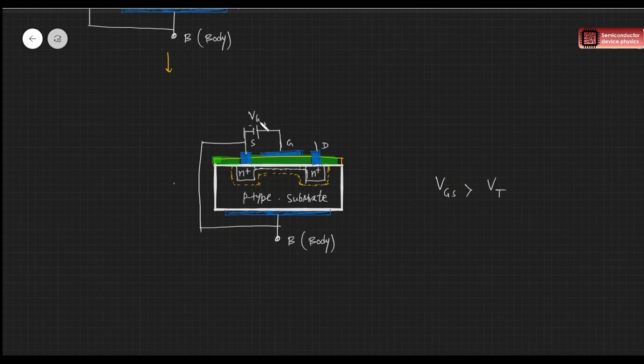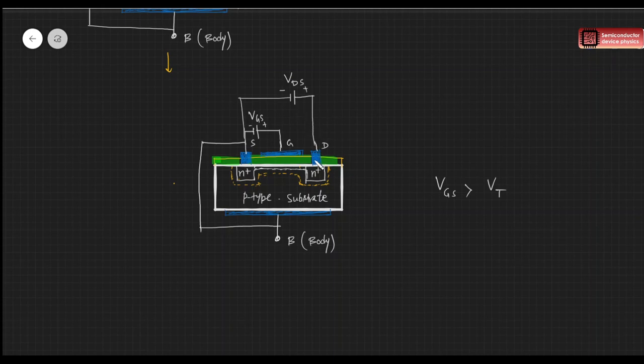So this is VGS, and now if we apply another positive voltage to the drain, then what will happen? This voltage is VDS, the drain-to-source voltage. So we are applying another potential at the drain.